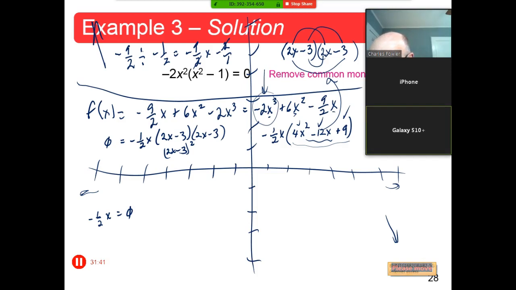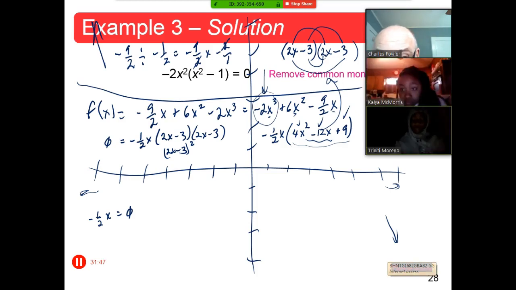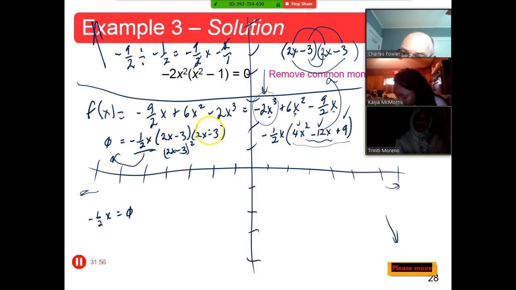Actually pretty easy. What's the question? I'm sorry. Okay. Negative 1/2. We took this factor here and set it equal to 0. What we have is a series of 3 things multiplied together equals 0. That means one of them's got to be 0, right? Right. Okay. So let's do the first one. Negative 1/2 x equals 0.